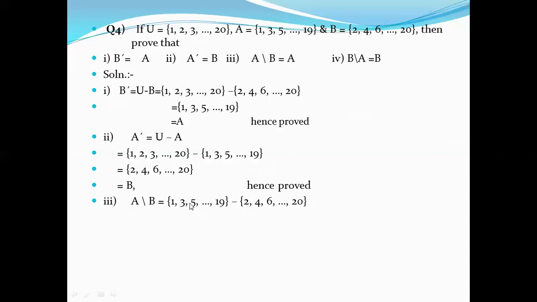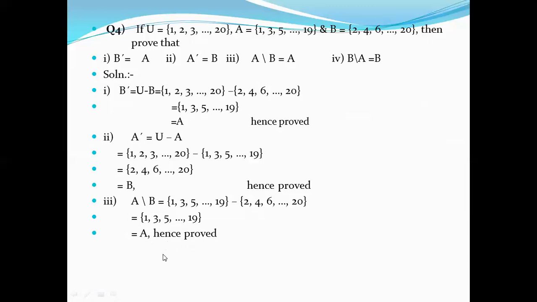You know that in subtraction we look at the first set. If any number is in the second set, it will be subtracted and the remaining elements will come in the answer set. So here nothing is subtracted, all odd numbers will come in the answer. If you compare this set with set A, it is equal to A. So we show that A minus B is equal to A.